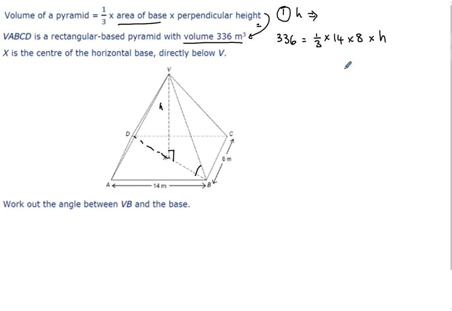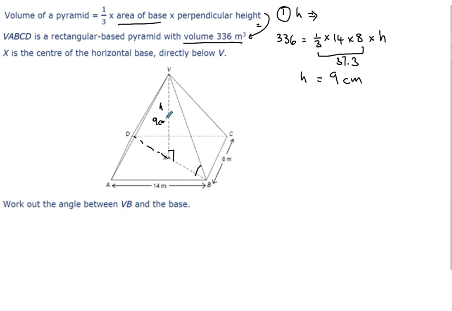Okay, yeah, and all that comes to 37.3. But you can always just put it in your calculator. Yeah. So H would be equal to 9 centimeters. Okay, so that was really easy, wasn't it?